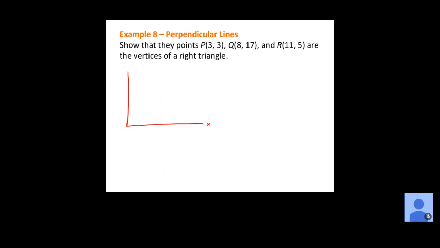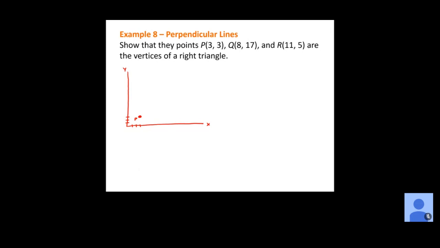So we have our x-axis and our y-axis. First point I have is (3, 3). So that's going to go 1, 2, 3, 1, 2, 3. I have a point right here, and that's point P. My next point is (8, 17).